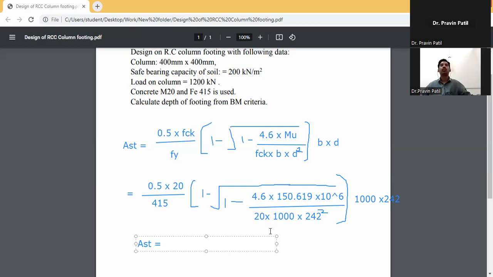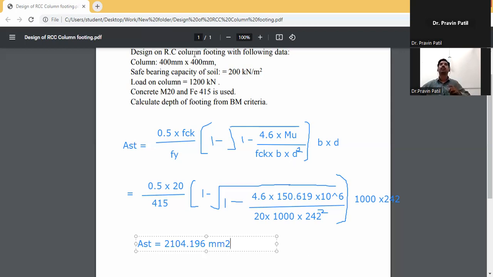That will be Ast, 2104.196 mm square. This one is the area of steel. So I will note down this value. Ast is equal to 2104.196 mm square.